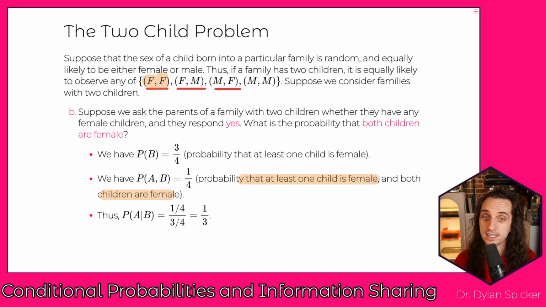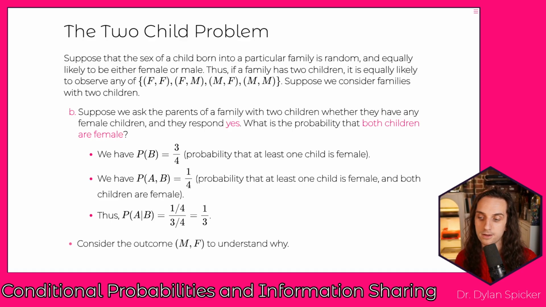So why is this the case? Well, it's exactly the same as the card example we just saw. In this part B, we're presenting the option that we have a male and then a female child, whereas in part A, that is not actually going to be a valid option. And so the MF outcome is the one that is missing. This is the same thing as when we have those 2 card case.